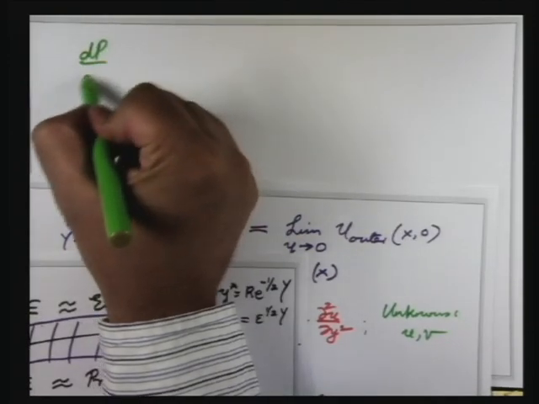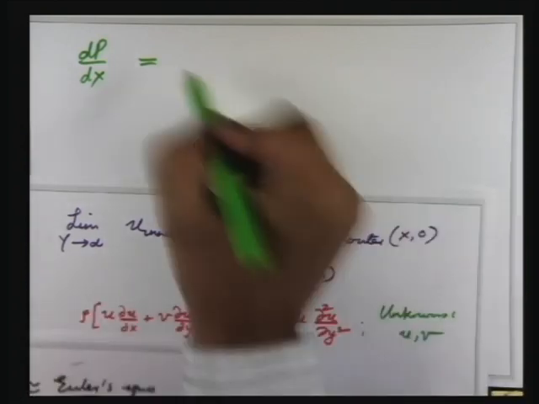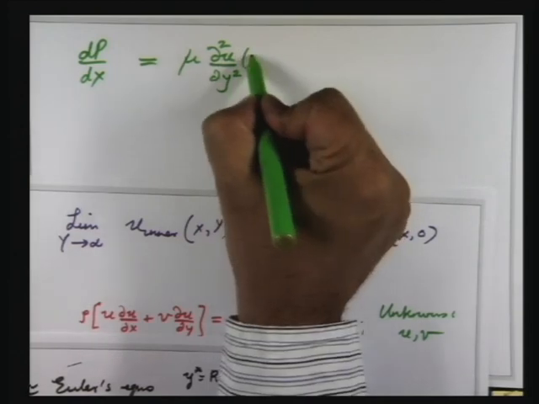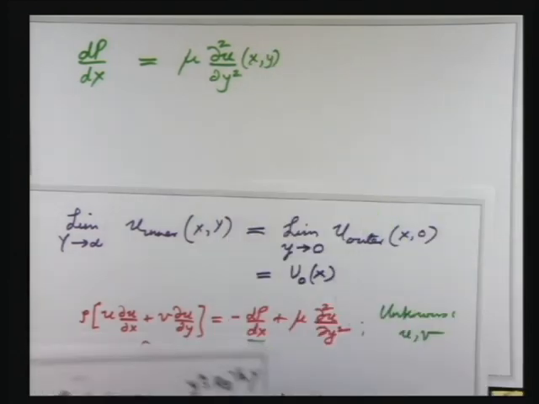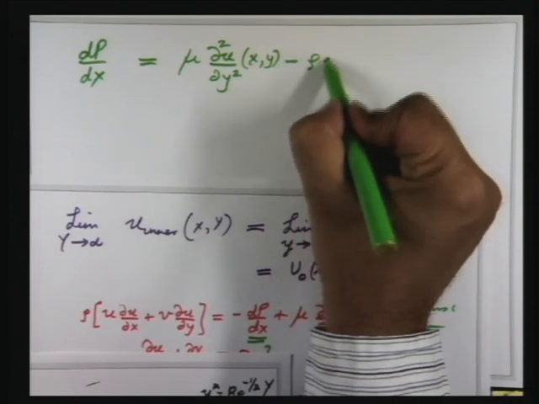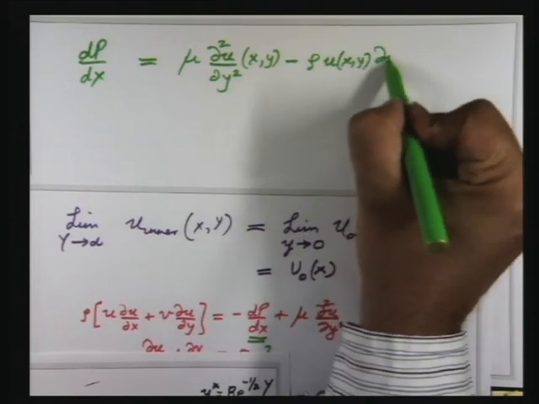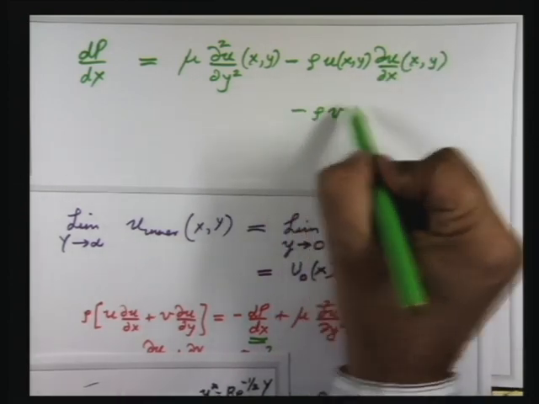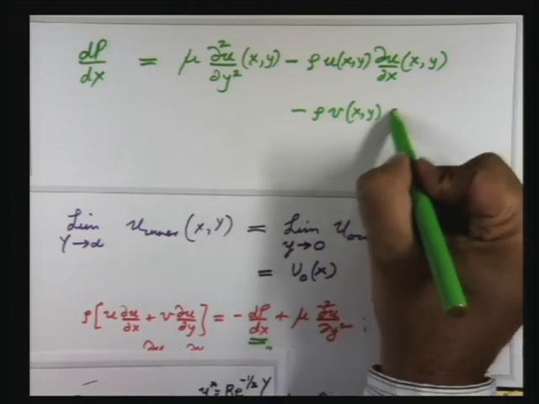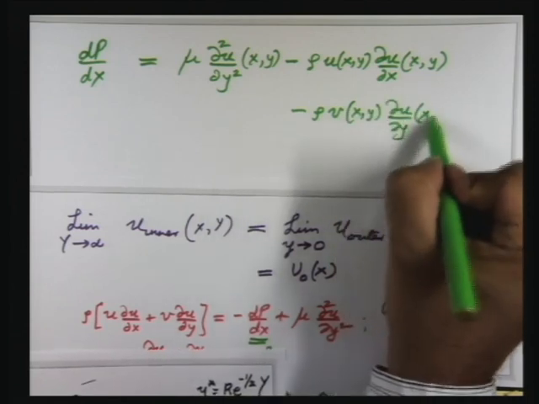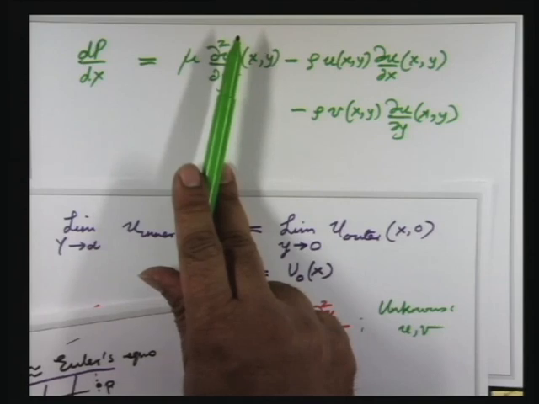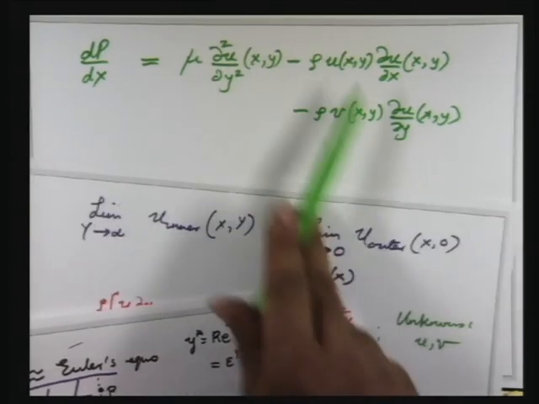So what we'll do is, we'll write dp dx as mu del square u del y square of x comma y minus rho u of x comma y del u del x of x comma y minus rho v of x comma y del u del y of x comma y. All I have done is move the pressure gradient term to one side of the equation and kept the viscous term, there is only one viscous term, and the two acceleration terms on the other side.